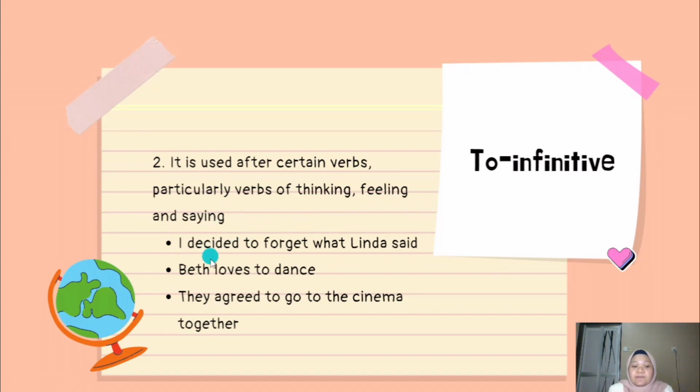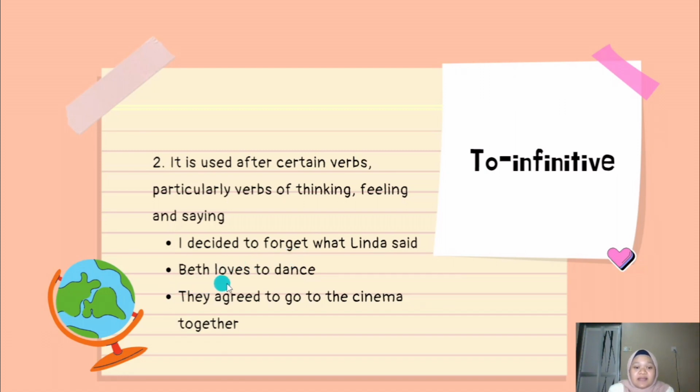Alright, so an example sentence is: I decided to forget what Linda said. So this is the to infinitive, which is "to" with the verb forget, right?